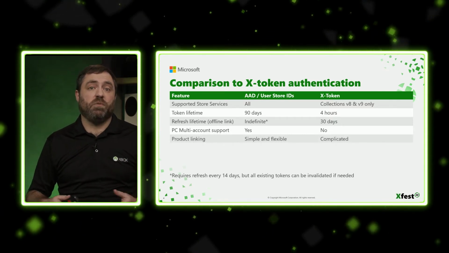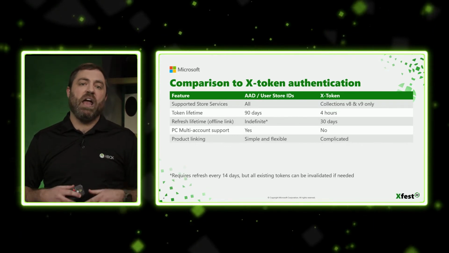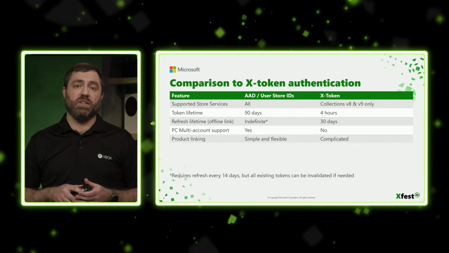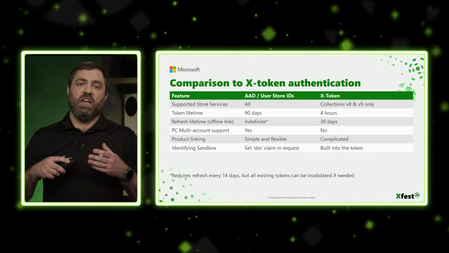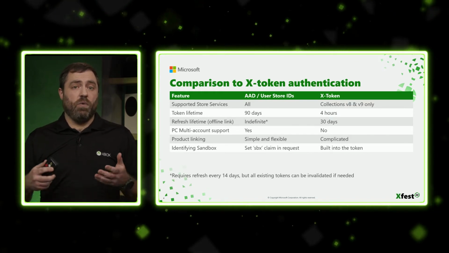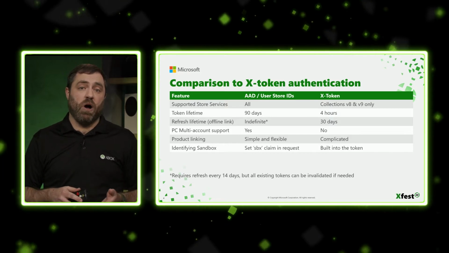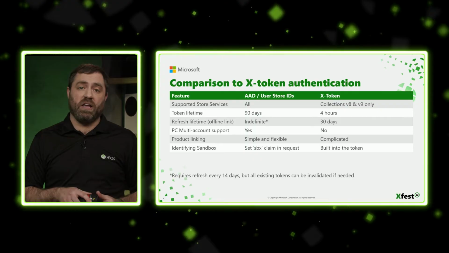Configuring new products to be visible to your services is also much easier and provides more flexibility than configuring requirements when you were using X tokens. If developing in a sandbox with the new authentication flow, you will need to specify which sandbox by using the SBX claim in the request's body.